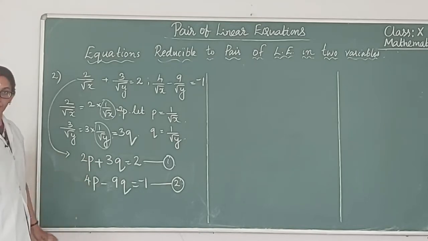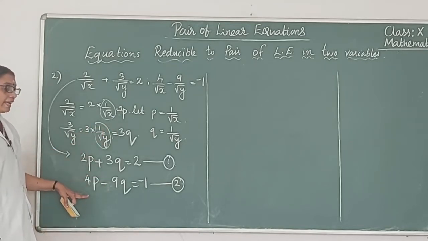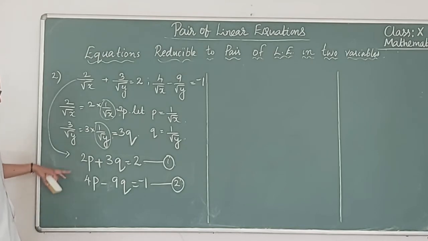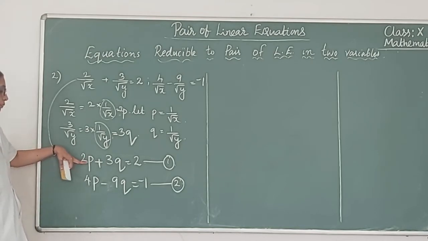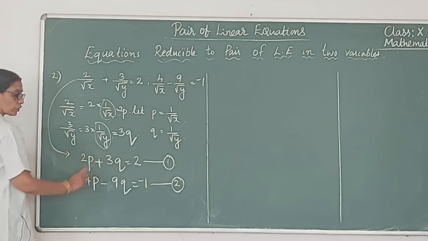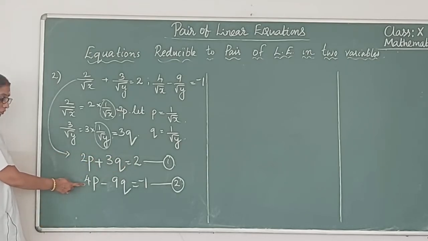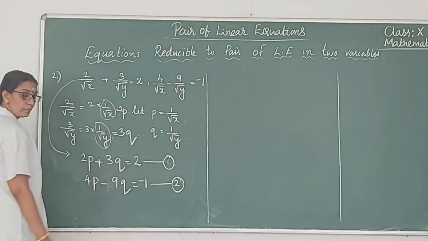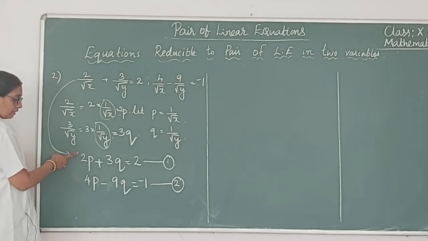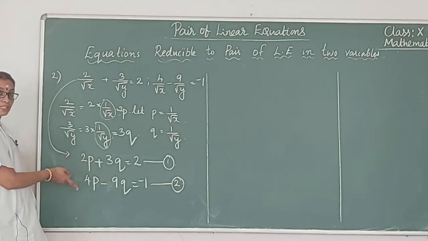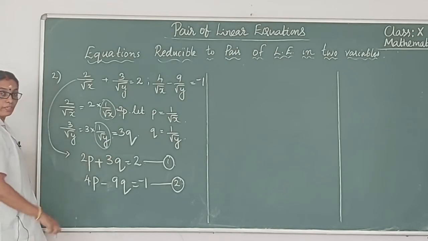Any method you can apply. Now let's see the elimination method. Here first equation is 2p plus 3q is equal to 2, and second equation 4p minus 9q equal to minus 1. So we can equalize the coefficient of any one variable.